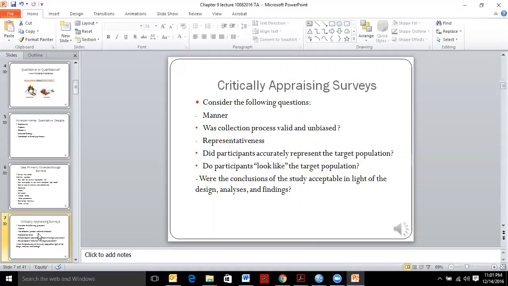Do participants look like the target population? Also, we have to look at whether the conclusions of the study were acceptable in light of design, analyses, and findings.